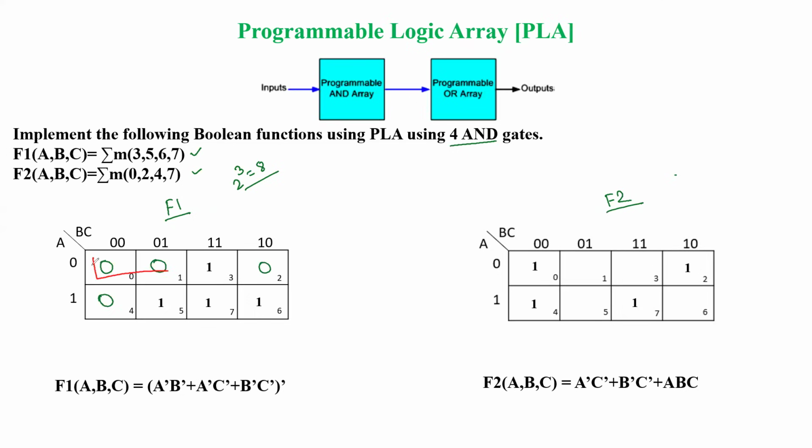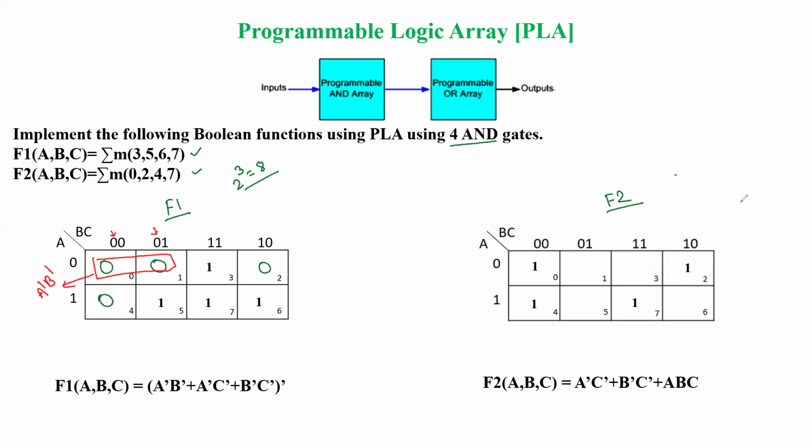First we make one pair with the min terms 0 and 1. Looking row wise, the common is A dash, whereas column wise the common is B dash. So that product term is A dash, B dash.